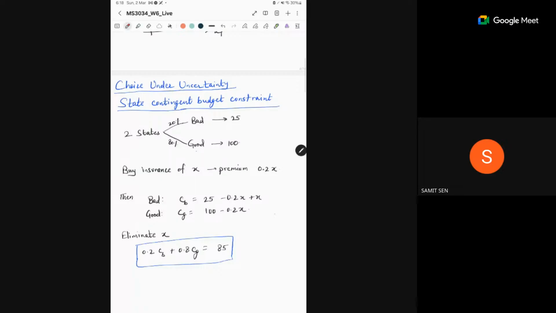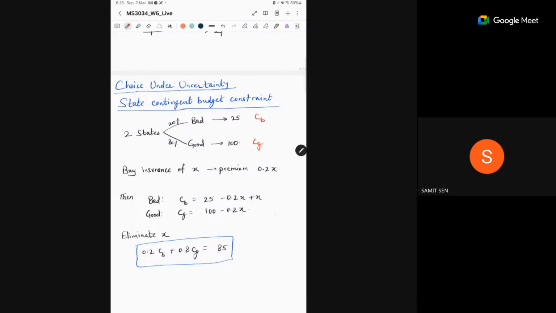Let's denote the payout, or the consumption, in the bad state by CB and in the good state by CG. If the bad state occurs, then your consumption is 25. If the good state occurs, then your consumption is 100.